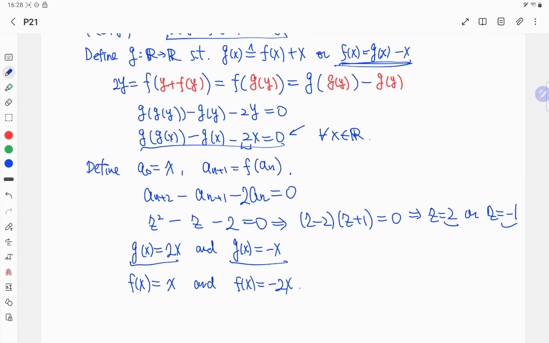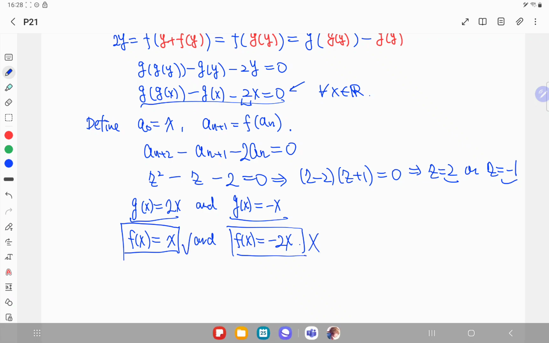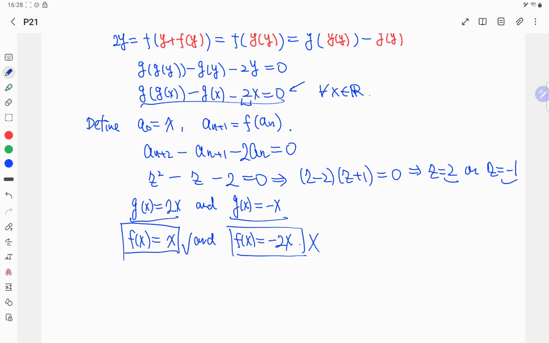However, we can simply check that this is a solution while this one is not a solution. This is okay, this is not, which means that when alpha equals 2, there is only a single solution, which is f of x equals x. So which means that alpha equals 2 is the only solution.